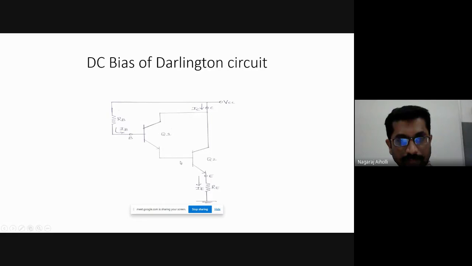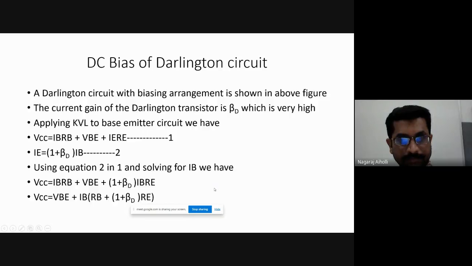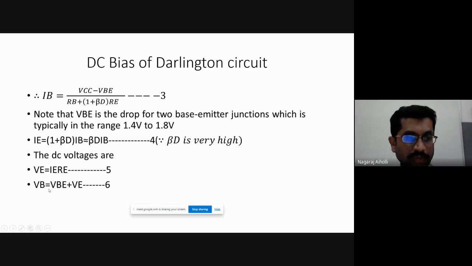That is, VB is equal to VBE, base to emitter voltage, plus IERE. That will be the voltage between base terminal and the ground terminal. So VB is equal to VBE plus VE, or VB is equal to VBE plus IERE, because VE is IERE.